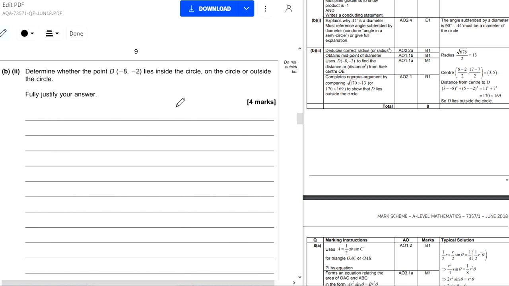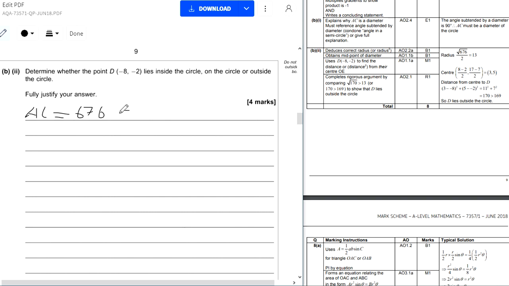Determine whether the point D lies inside the circle or outside the circle. Fully justify your answer. Okay, well, there's nothing that really jumps out at me straight away, but we do have a few pieces of information. In the part just before this, we established that the diameter is AC, and we know that AC squared has the length 676.